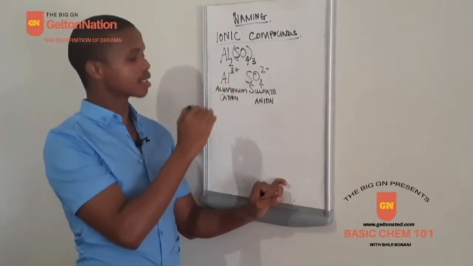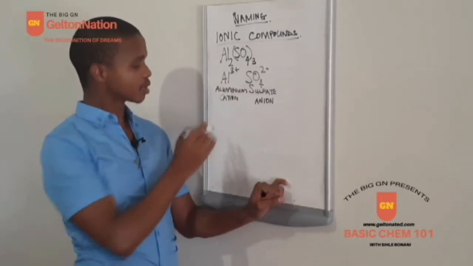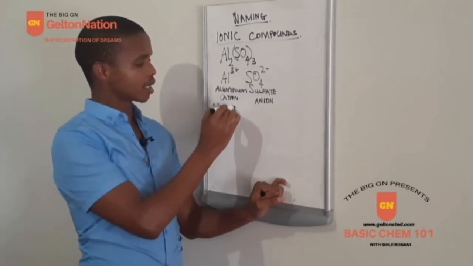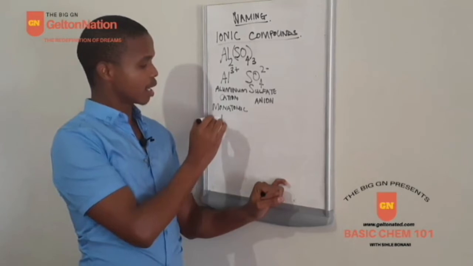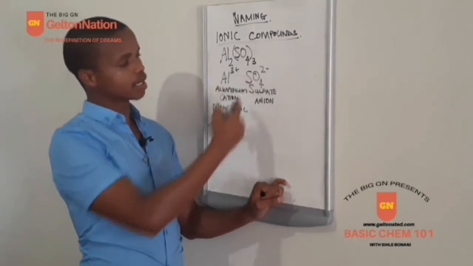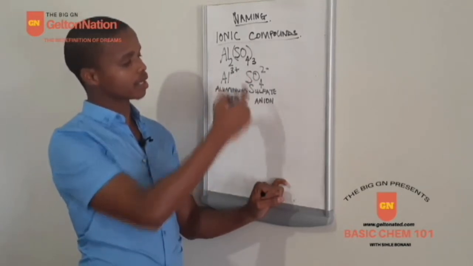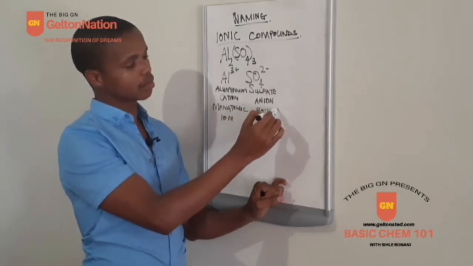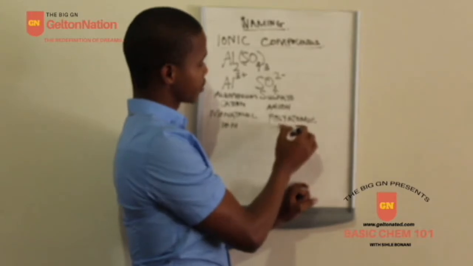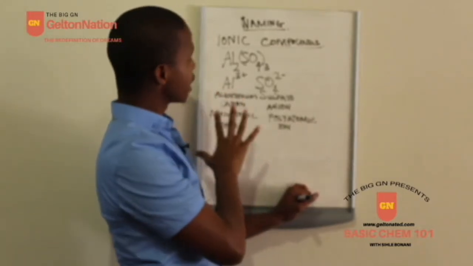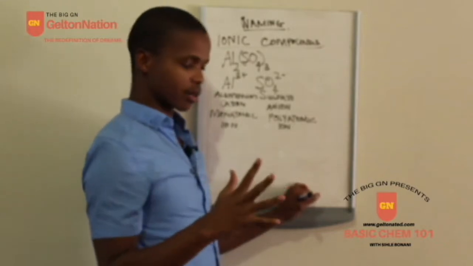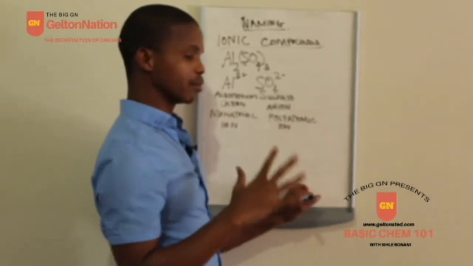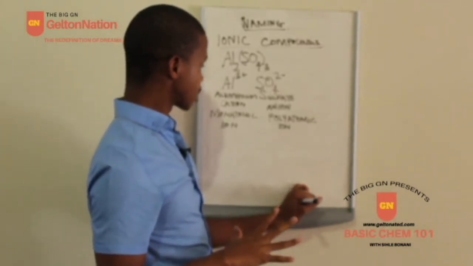Aluminum is a single element, so this is a monatomic ion, but this one is a mixture of sulfur and oxygen, so this is a polyatomic ion. With this in mind, there are certain rules that are followed when you are naming simple ionic compounds.